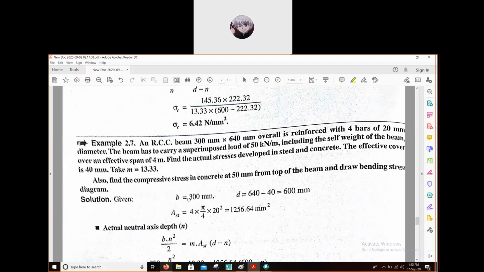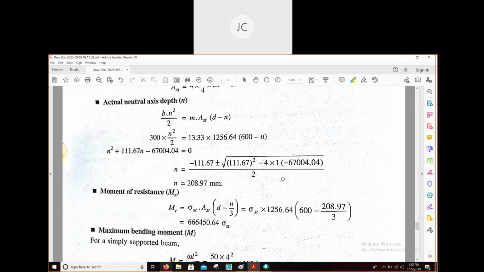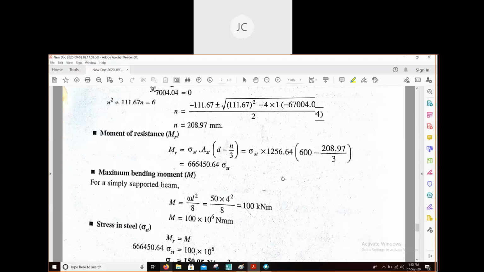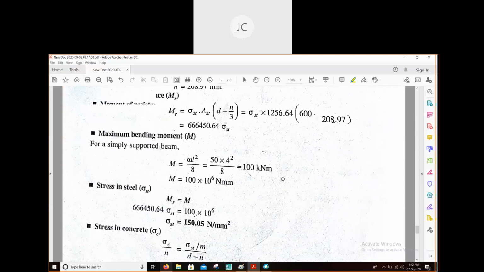Next, see the question. What we have to find out. Now you find out the value of sigma c, similar to the last problem. By using the equation sigma c by n equal to sigma st by m, find out the value of sigma c, the maximum stress in concrete.